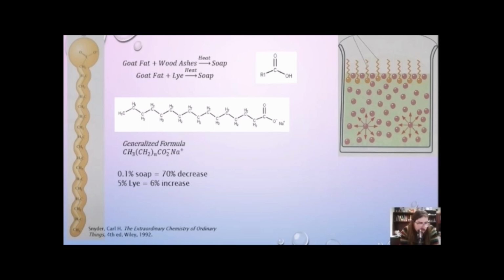Now, a substance that will accumulate on the surface causing a sharp change, such as lowering the surface tension, is called a surface active agent, or often known as a surfactant. While there are some non-surfactants that can lower the surface tension, they typically won't have the same dramatic effect as a surfactant. For example, 1% soap can cause a 70% decrease in surface tension.